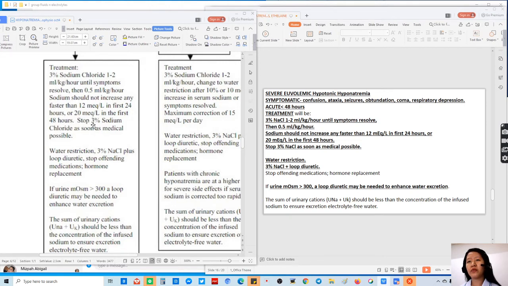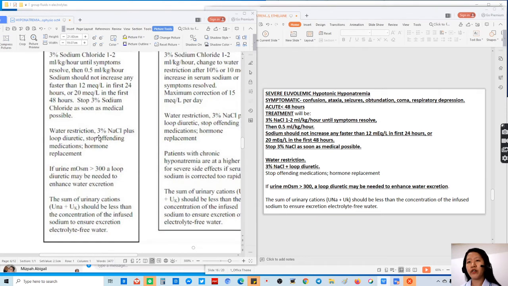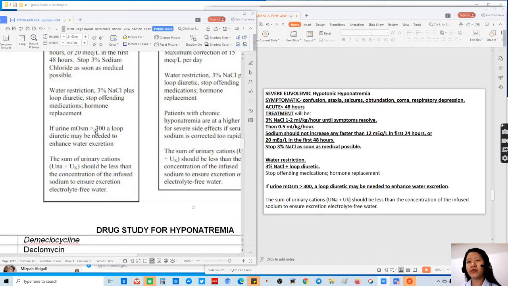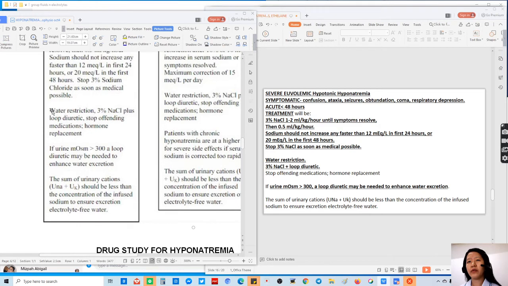Stop 3% sodium chloride as soon as medically possible, or by doctor's order. And then water restriction, 3% sodium chloride plus loop diuretic. Stop offending medications, hormone replacement.